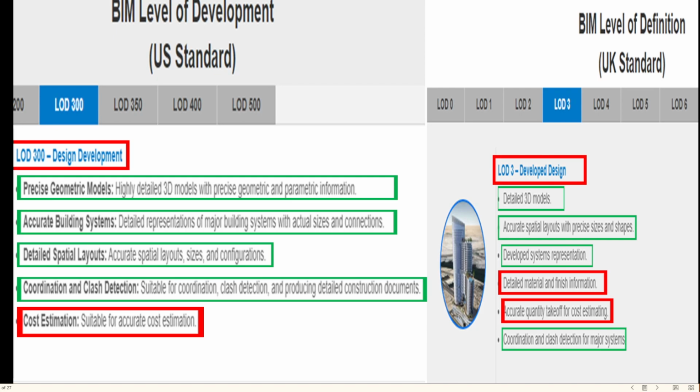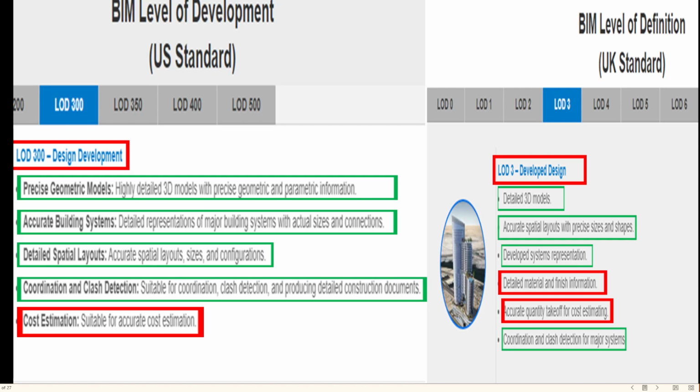While design development LOD 300 is seen in the US standard, LOD 3, called developed design, is seen in the UK standard. Here we see that both standards are very close to each other.